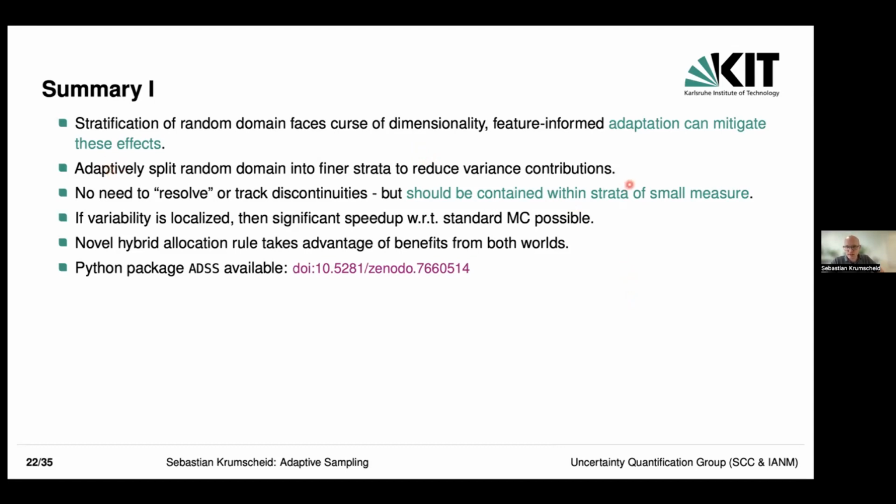By suitably splitting, we can reduce the variance, and the idea really is we are learning from the samples where the discontinuity is, but we do not need to track this discontinuity in the equation.